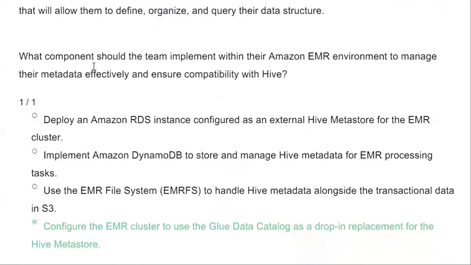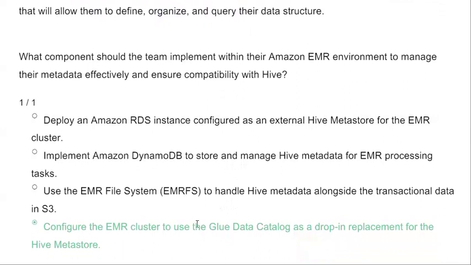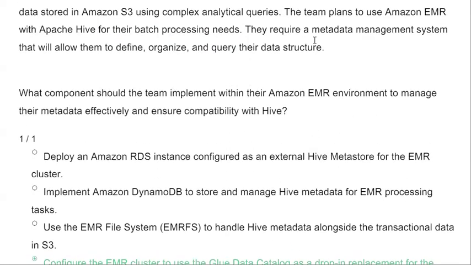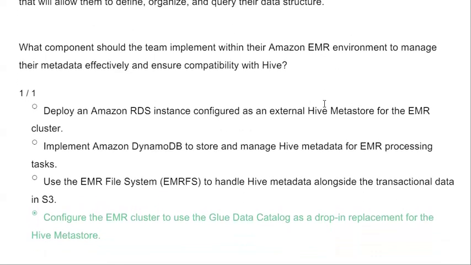So that's why the Glue Data Catalog is used for data storage and management purposes. It acts like a centralized metadata store. With minimal effort, we can manage our data. Those are the keywords where you can identify that the Glue Data Catalog is your answer.